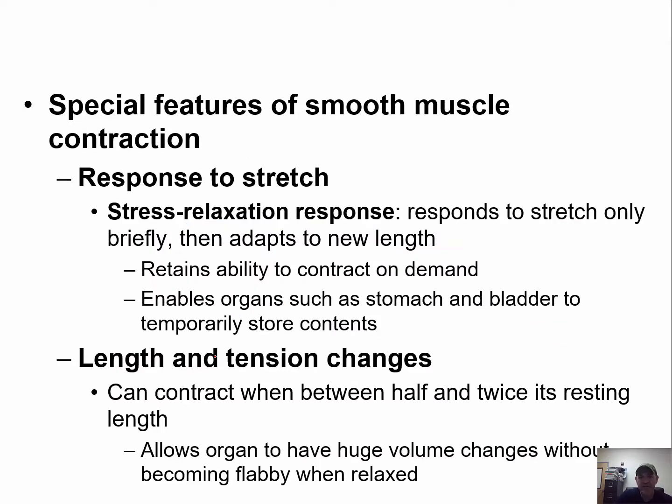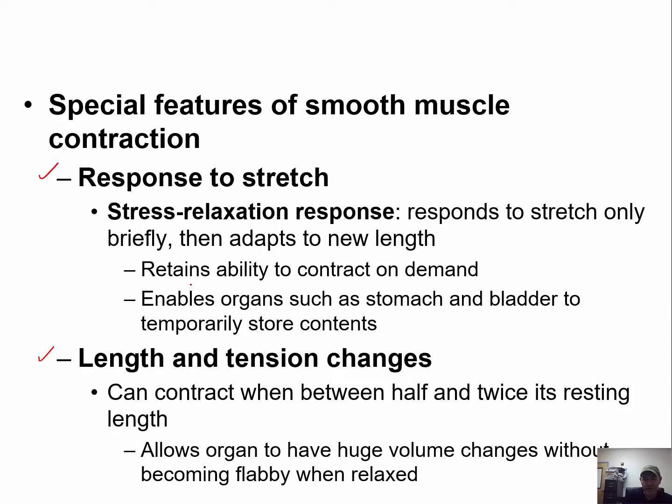There are some special features for smooth muscle contraction, and one of them is the response to stretch, and the other special feature is length and tension relationships. For the stretch relaxation response, the smooth muscle can respond to stretch briefly, sort of resist stretching, but then be allowed to stretch.